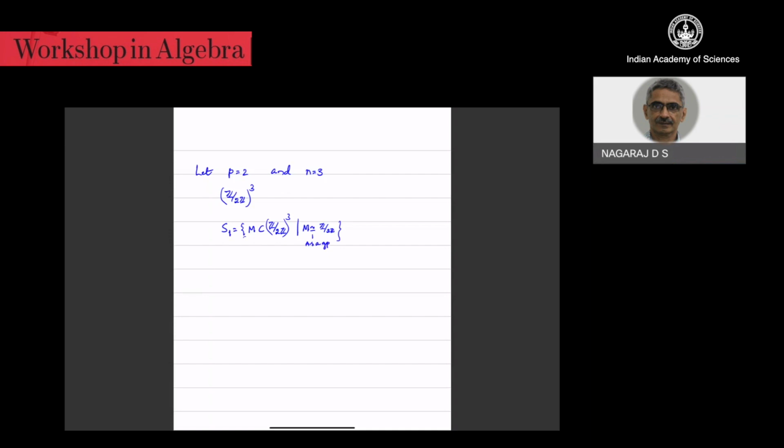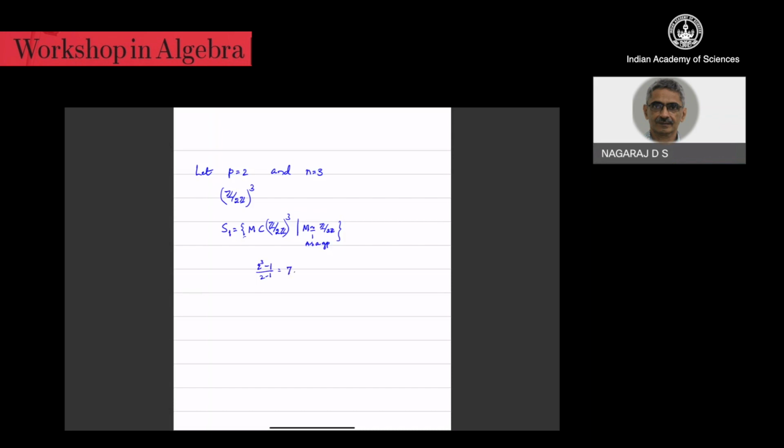But the number of this thing is 2 cubed minus 1 by 2 minus 1. 2 cubed is 8, minus 1, so it is 7. Okay.